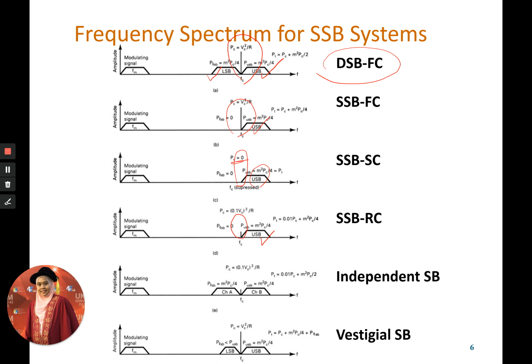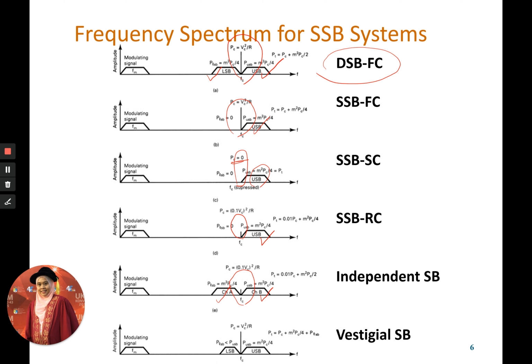For the independent sideband, if you see in the spectrum here, it has two sidebands, but these sidebands are not related to each other. That is why the lower sideband shows as channel A and the upper side shows as channel B. Channel A and channel B might not be related to each other, and it has very low energy on the carrier signal.